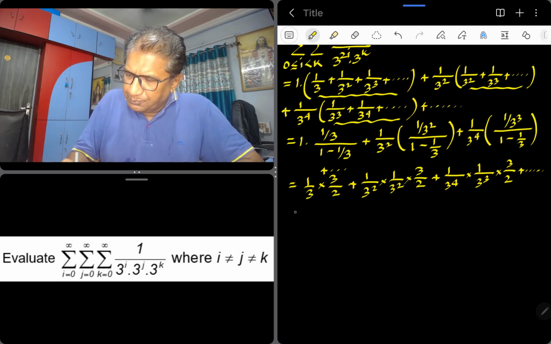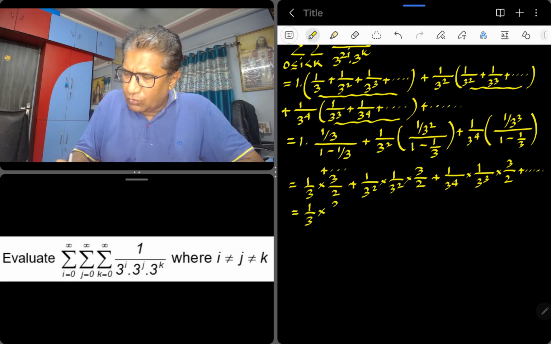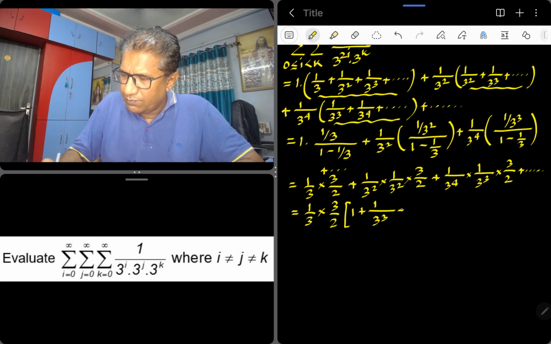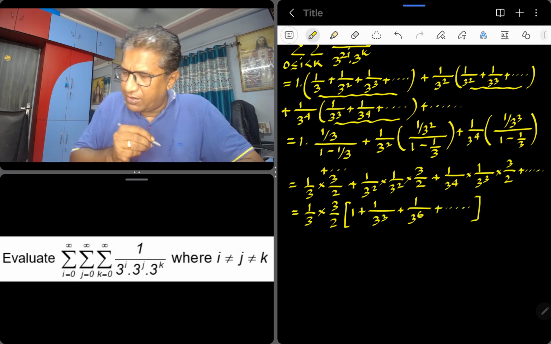Now if I take 1 by 3 into 3 by 2 common, we are left with 1 plus 1 by 3 cube, 1 by 3 to the power 6, and this thing goes on till infinity, right?